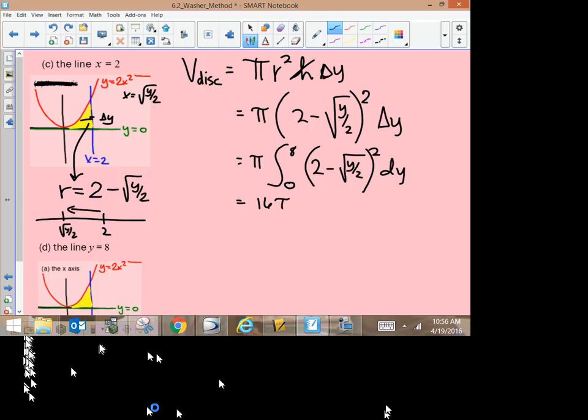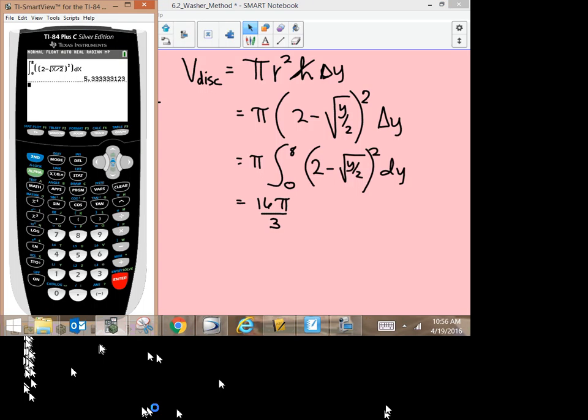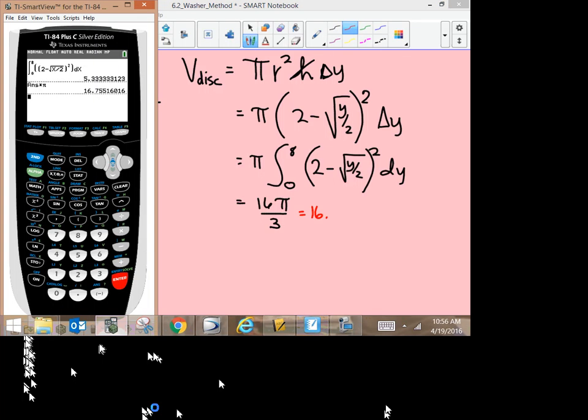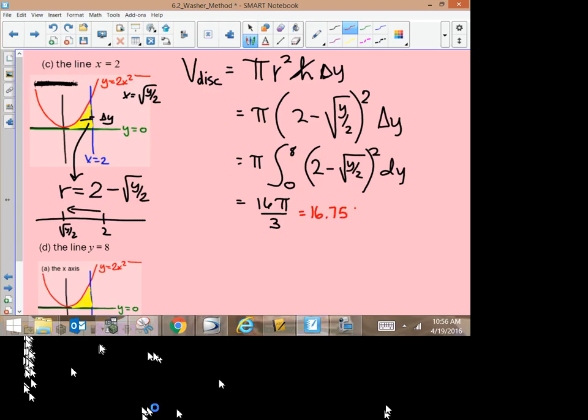If you want exact, it's this. If you're not going to get exact, then take it times pi right at the moment and do it to 3 decimals. It would be 37.755. Okay, either one of those is good.